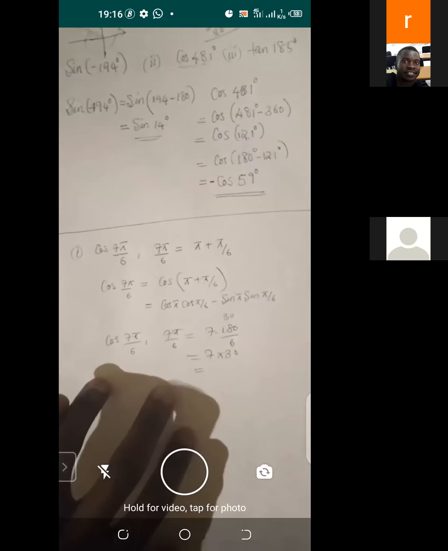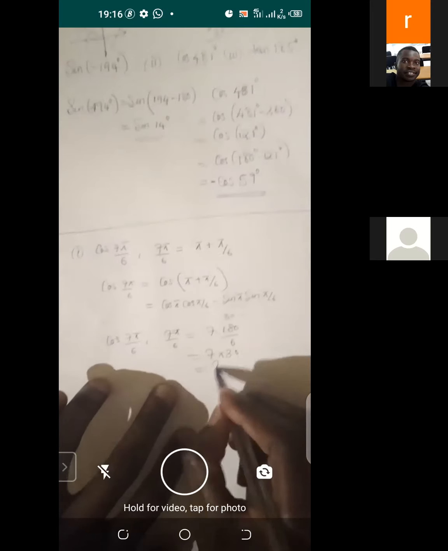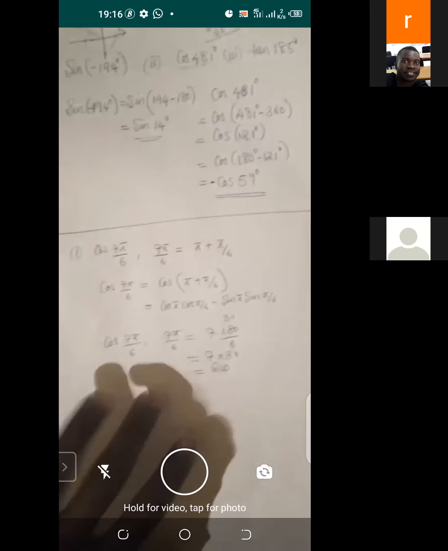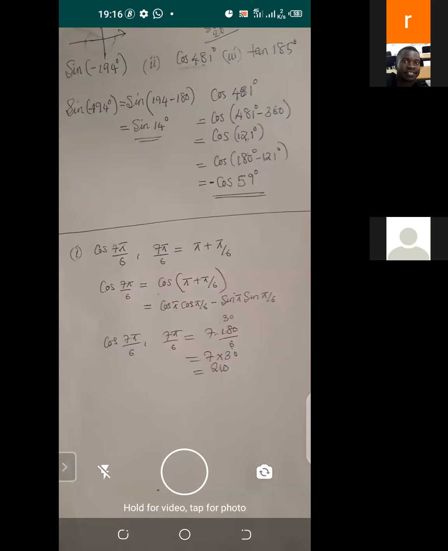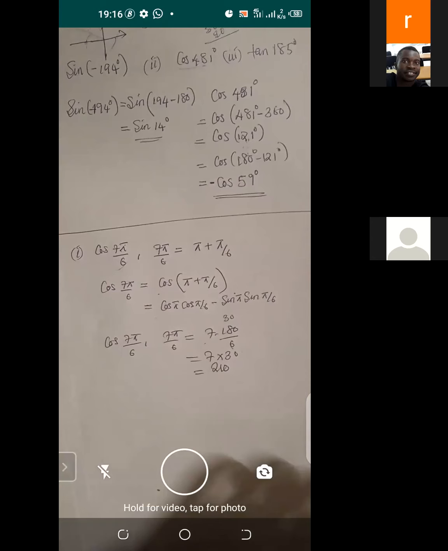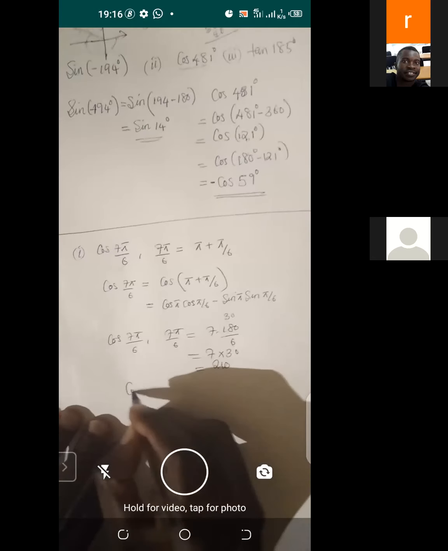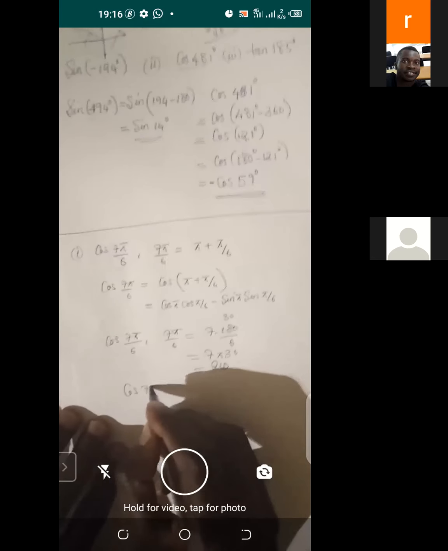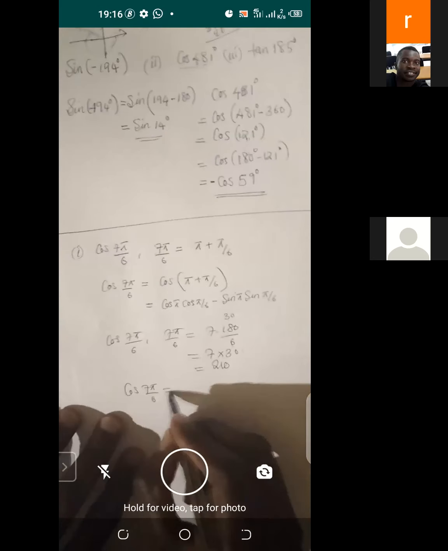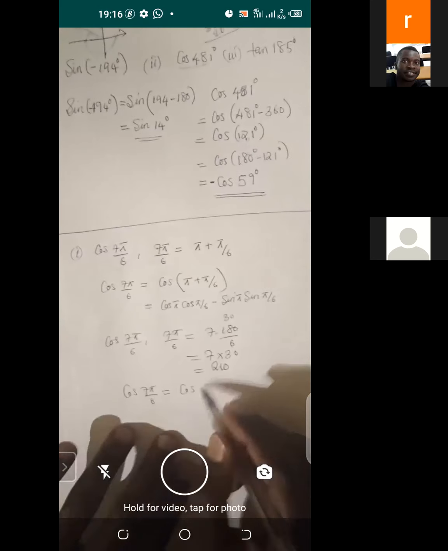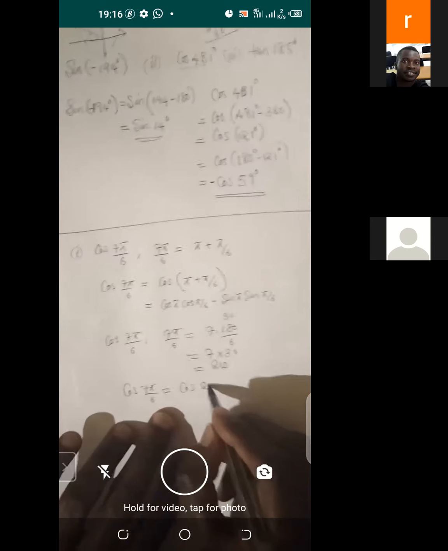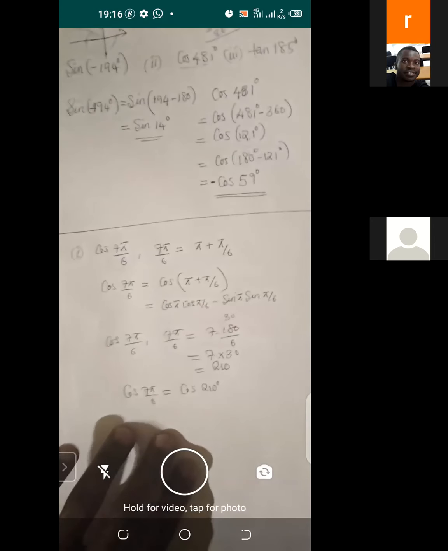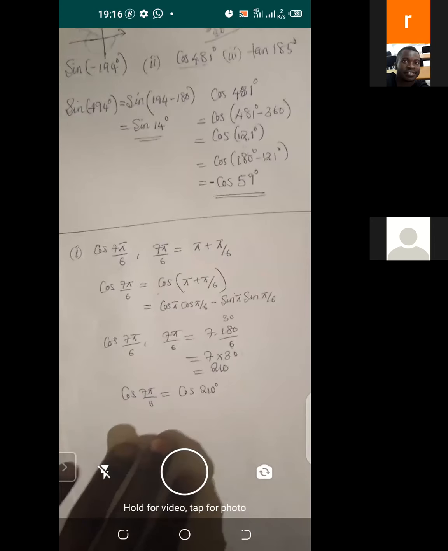What are we getting there? 210. So cos 7 pi over 6 is equal to cos 210 degrees.